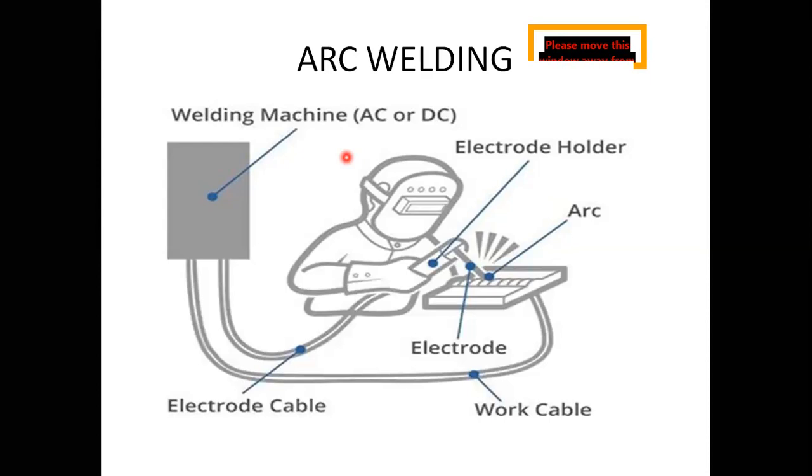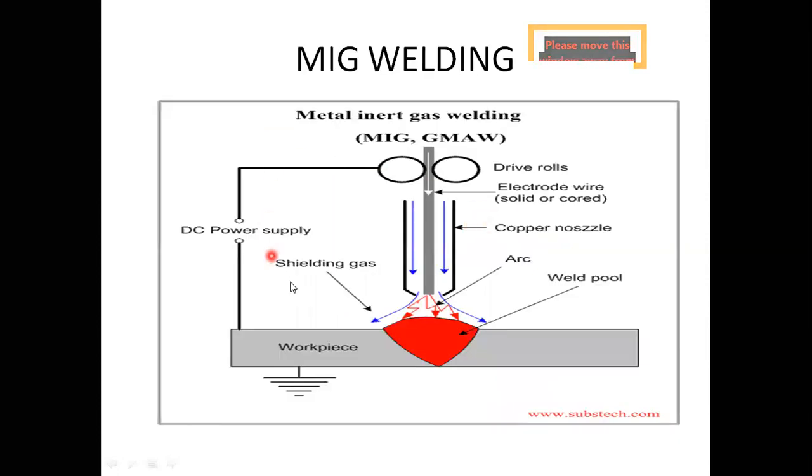Now we can categorize arc welding into some of the most renowned processes. First is the consumable electrode method. Under this comes metal inert gas welding, called MIG.